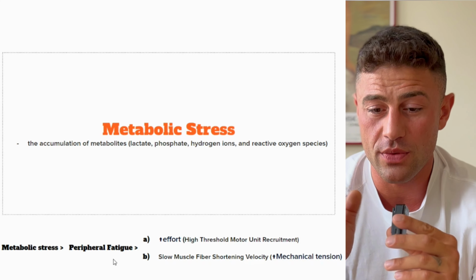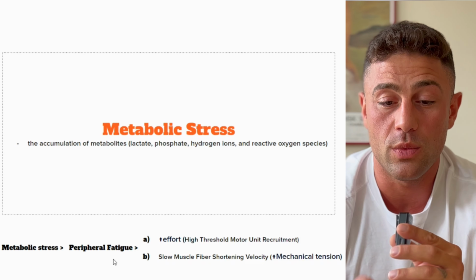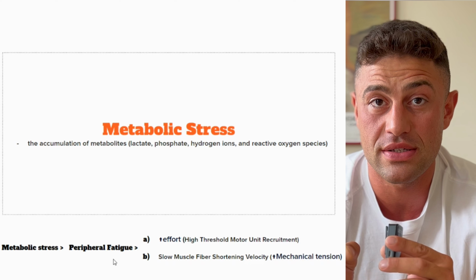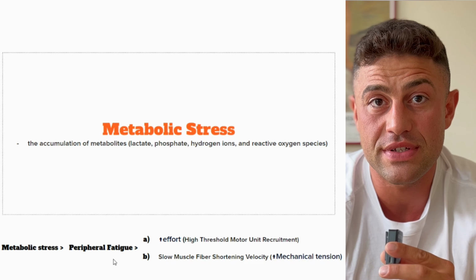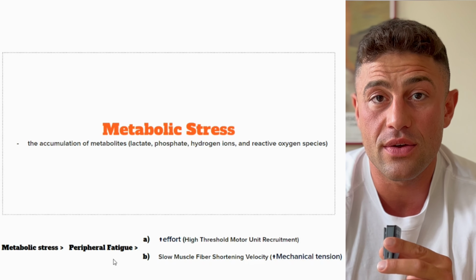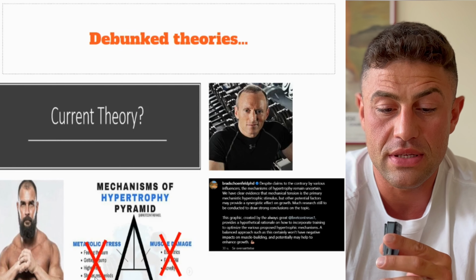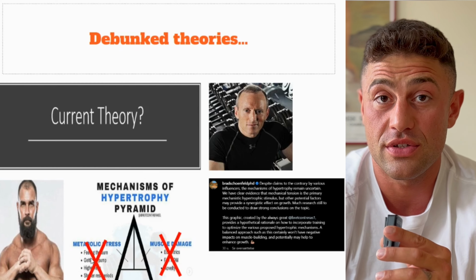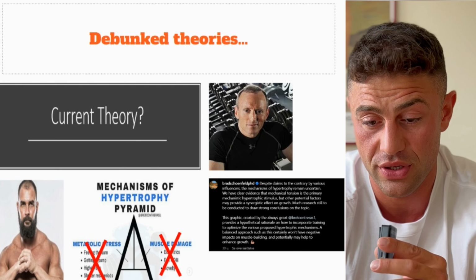Okay, I know there were a lot of terminologies there, and I hope I didn't lose you guys. But what I'm trying to say is that the increase of metabolic stress is gonna increase the activation of high threshold motor units and mechanical tension. And because of that, we're gonna stimulate hypertrophy. But this means, once again, that the metabolites in themselves don't stimulate hypertrophy. The only thing that stimulates hypertrophy is mechanical tension.